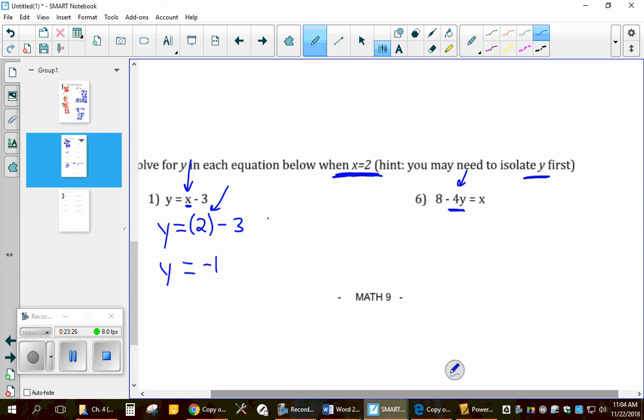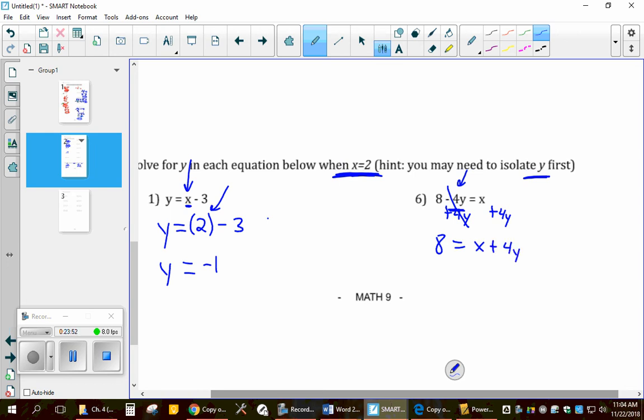I could bring the -4y to the right side, so let's do that. I'm going to add 4y to both sides. So plus 4y, plus 4y. Those cancel. And I've got 8 is equal to x plus 4y.